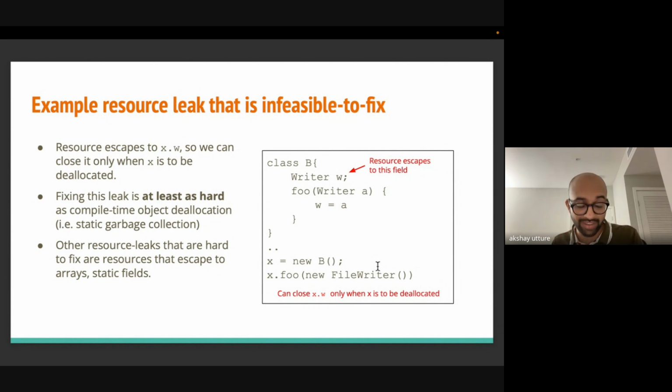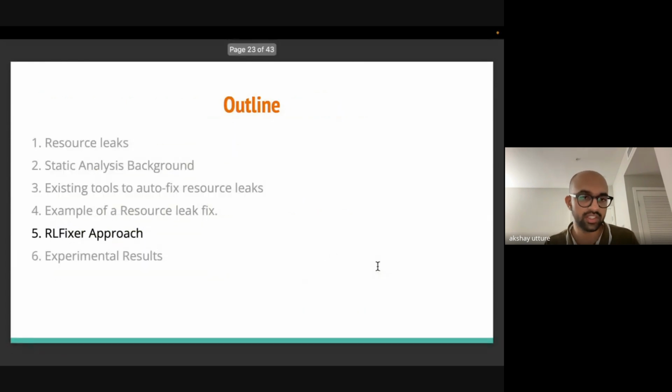Java has a dynamic garbage collector because it's a well-known problem that static garbage collection, at least for Java, is a very hard problem. There are a few other kinds of resource leaks, like those that escape to arrays or static fields, which are also very hard to fix because, again, it's hard to know when the resource stops being live.